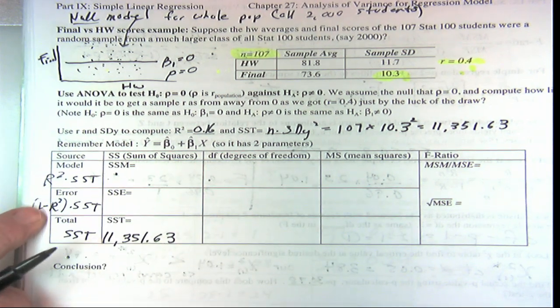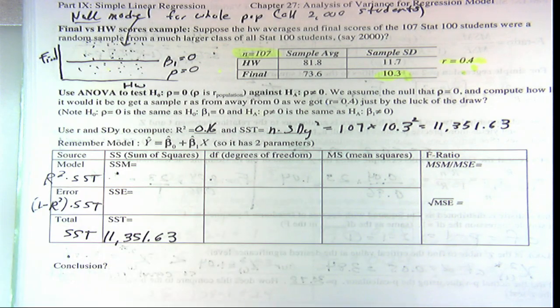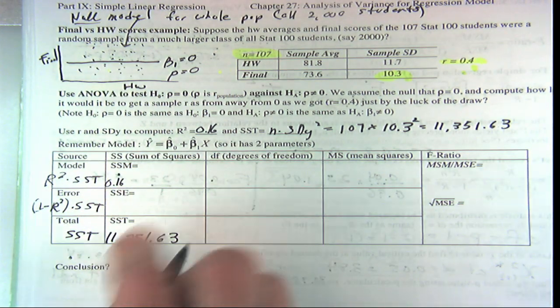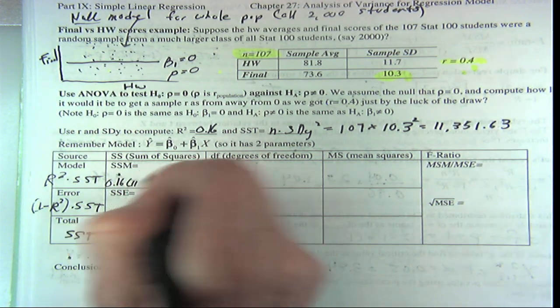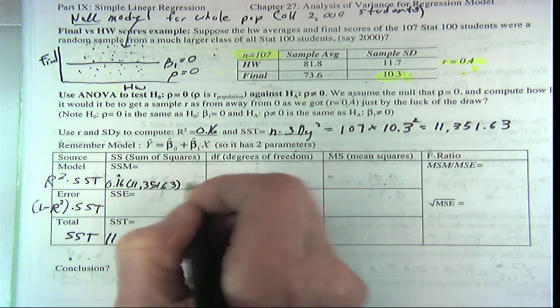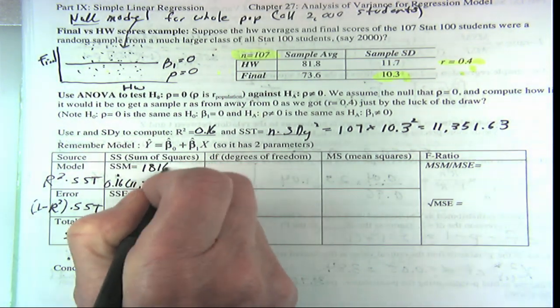R squared plus 1 minus R squared, of course, has to equal all of it. Okay? So for R squared, now we're doing 0.16 times 11,351.63, and that's going to give us our sum of squares model, which is 1816.